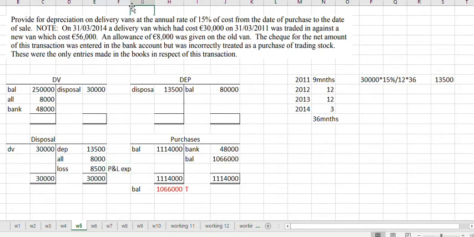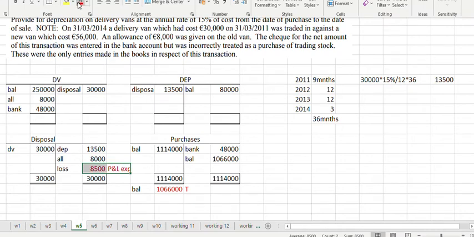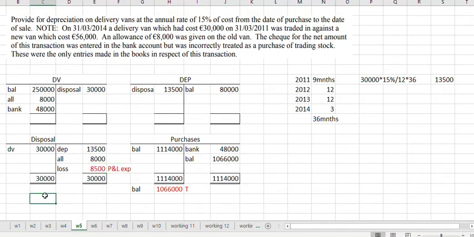So if you think about it logically, we bought the van for 30,000, depreciated it by 13,500, the van would be worth 16,500. They only gave us a trade-in of 8,000. We've clearly lost money there.